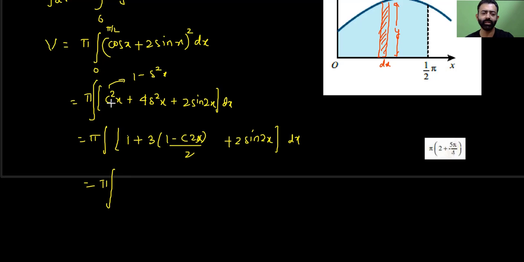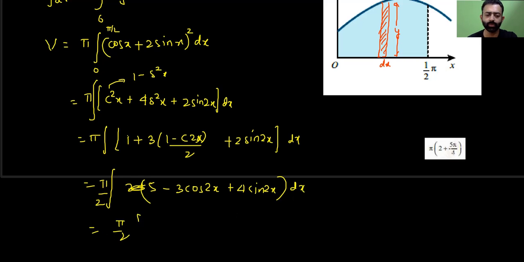So this is basically 1 plus 3 times sin square x, and then apply the formula for cos 2x, which is (1 minus cos 2x) upon 2 is sin square x, okay. So you have 2 plus 3, 2 plus 3 is 5, I think, okay. 5 minus 3 cos 2x plus 4 times sin 2x upon 2, I am taking this 2 outside, okay, dx.